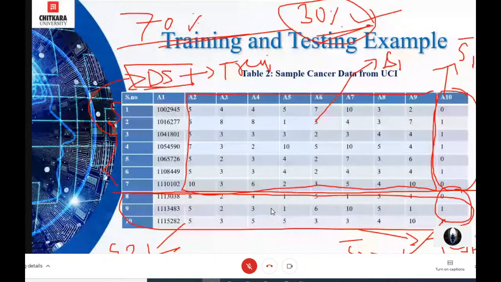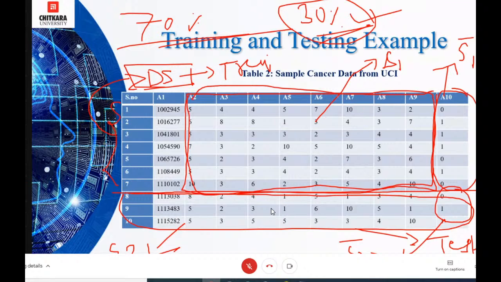Okay. Now there are two divisions, S1 and S2. S1 is the training part and S2 is the testing part. This particular part will be used as the sample data for training. Then it is submitted to your model.